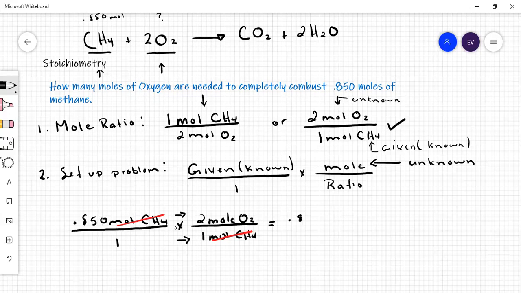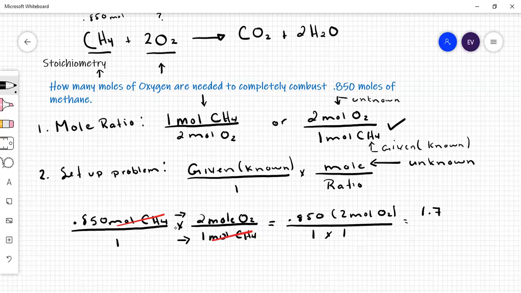So 0.850, the units are gone now, times 2 moles of O2 divided by 1, since there's no longer any units there. 0.850 times 2 should give me 1.7.